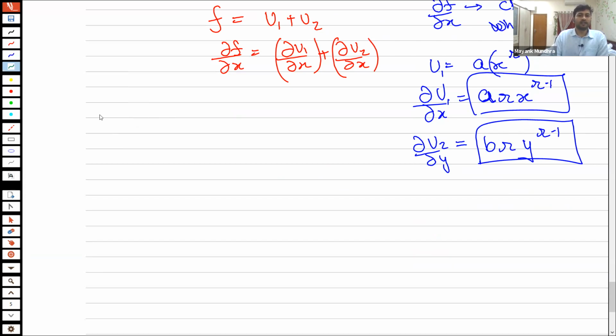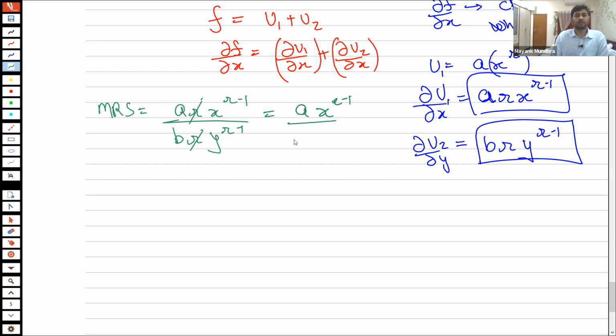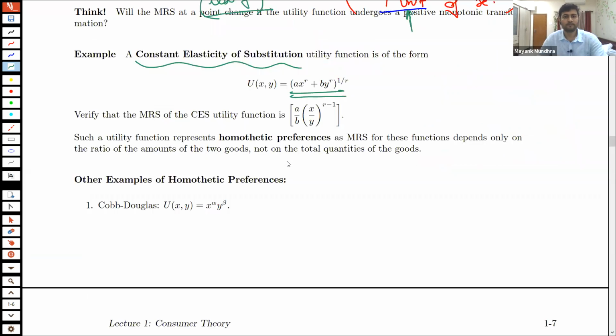So finally, your MRS is the ratio of these two things. That would be equal to a r x to power r minus 1 upon b r y to power r minus 1. r cancels out. So this becomes a x to power r minus 1 upon b y to power r minus 1, so a by b into x by y to power r minus 1.